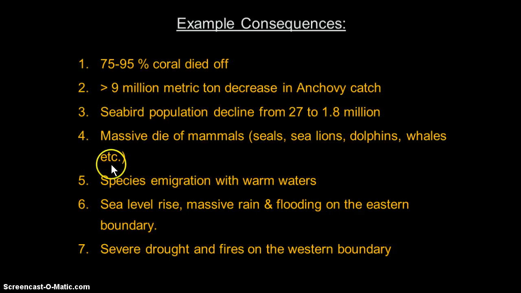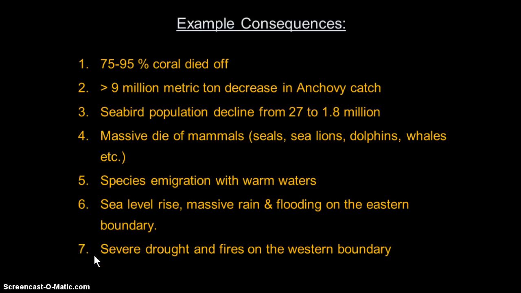So you have species that usually are out to sea traveling into the coast and up and down the coast, and species that are usually in that cooler environment traveling further and further away to environments that are more natural for them.